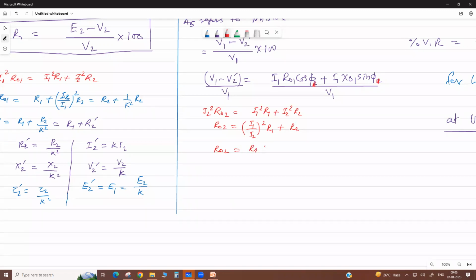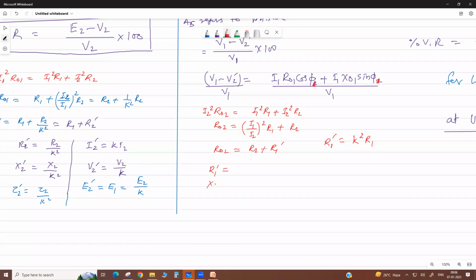That is R2 plus R1 dash, where R1 dash means I1 by I2, which is K, so K square R1.